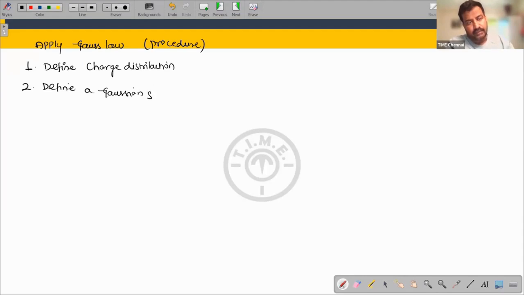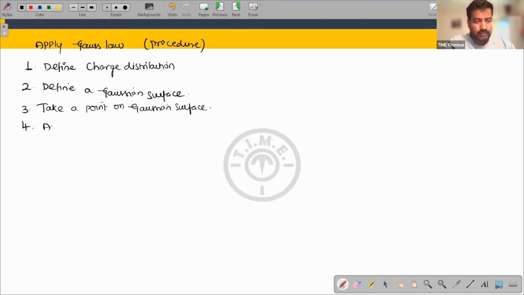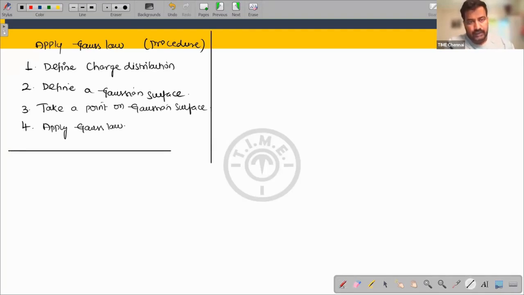What is a Gaussian surface? A Gaussian surface is one which is symmetric with respect to the charge distribution that we have defined. Third, take a point on the Gaussian surface. Fourth, apply Gauss law. So this is a procedure to apply Gauss law.